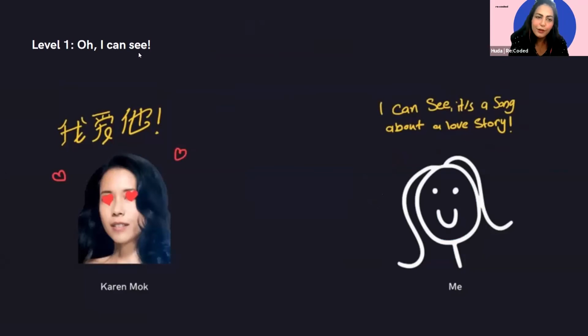Observation is the first level of empathy, when you're looking at something, but that was still not the whole story. There are a lot of missing pieces because we couldn't understand the singer, but it gives us some ideas about what was going on with them. At least we discovered that it was a love story song or something. So observation is the first level of empathy, but we need more.